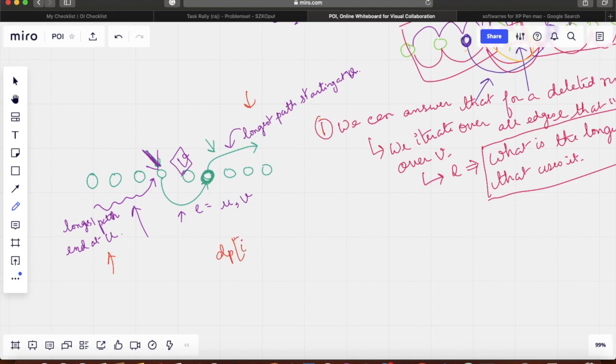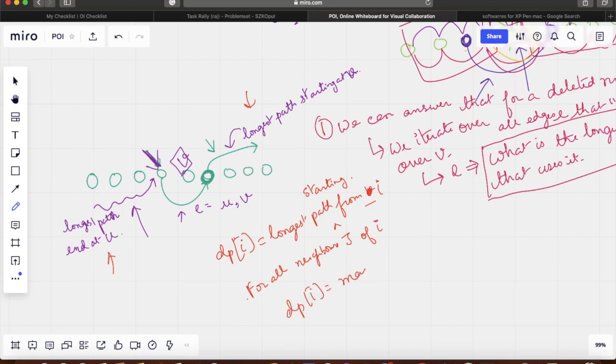DP of I, let's say, means the longest path starting from V. Rather, I should name this not V, I should name this I. And then for all neighbors J of I, dp[i] is equal to max of dp[i] comma dp[j] plus 1.